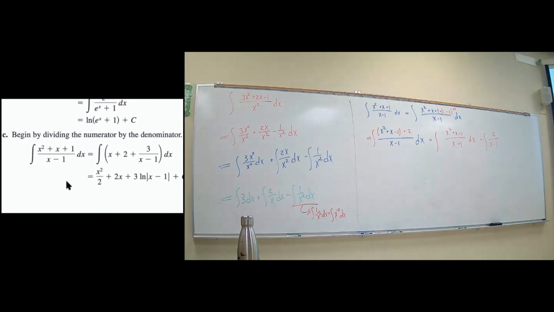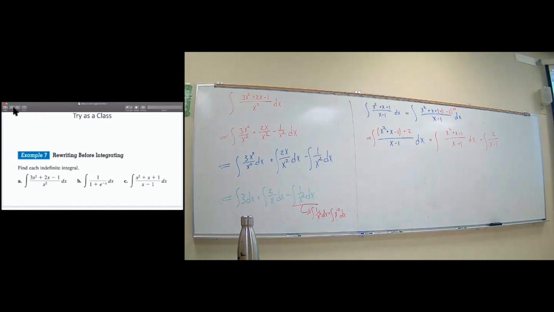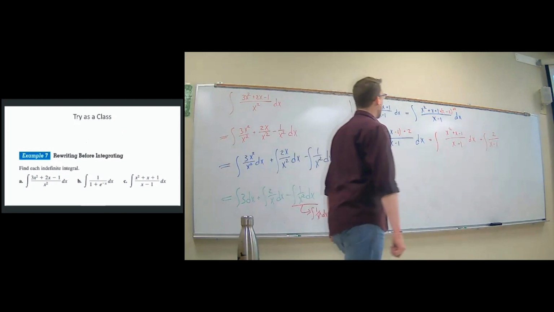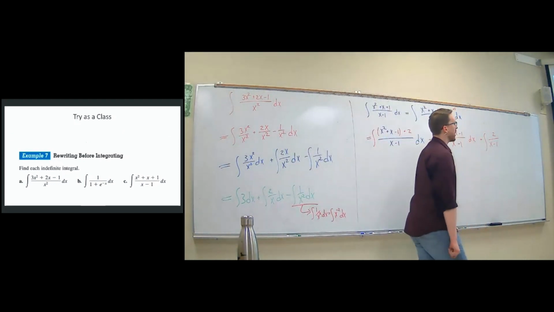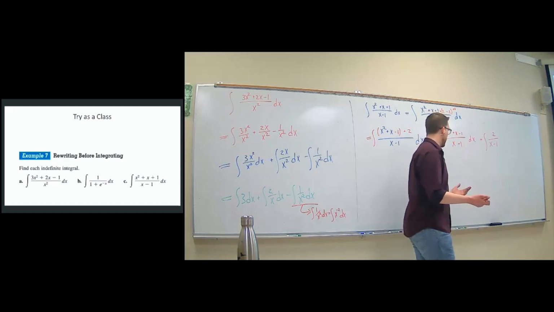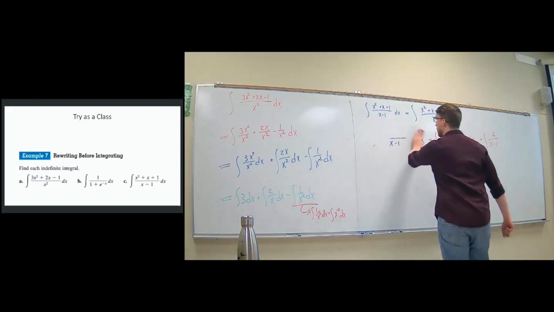They use long division is the way they're going to go about this problem. The other way to do this is to add x, subtract x again, like I started to do the first time, because we want 2x here so we can factor things out. So we're going to have to use long division. Okay, cool. Let's use long division.